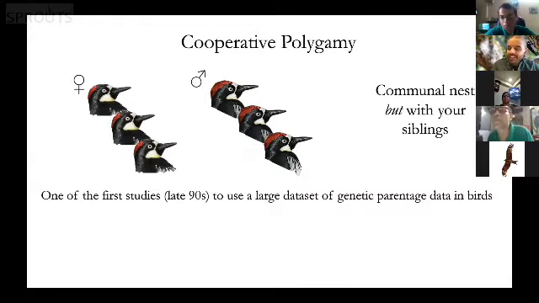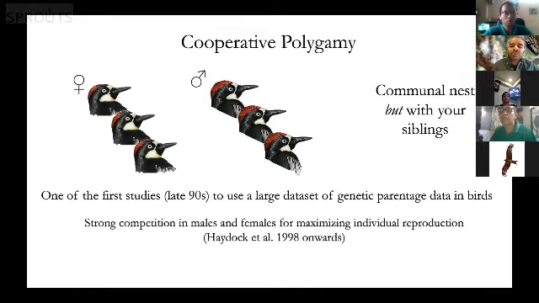Because again, if you're thinking from an evolutionary or Darwinism point of view, then despite the fact that these 6 birds here are having a communal nest, the struggle should be to maximize individual fitness, right? So every individual here is trying to have as many babies as they can in this communal nest.